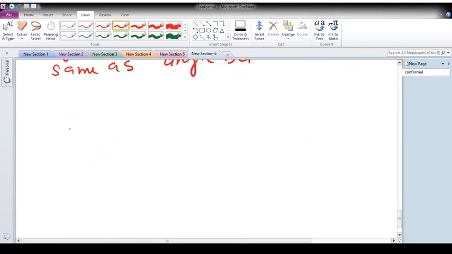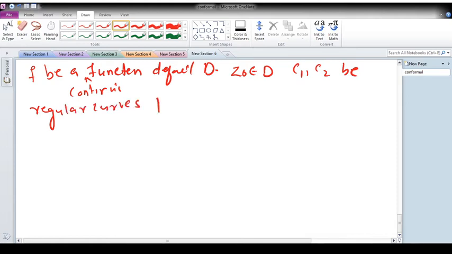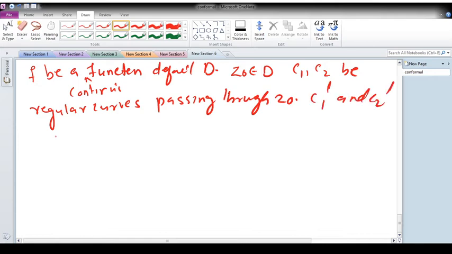I will explain once more. Let f be a continuous function defined on D, z naught is an element of D. Let C1, C2 be regular curves passing through z naught, and C1 dash and C2 dash be the images of C1 and C2.